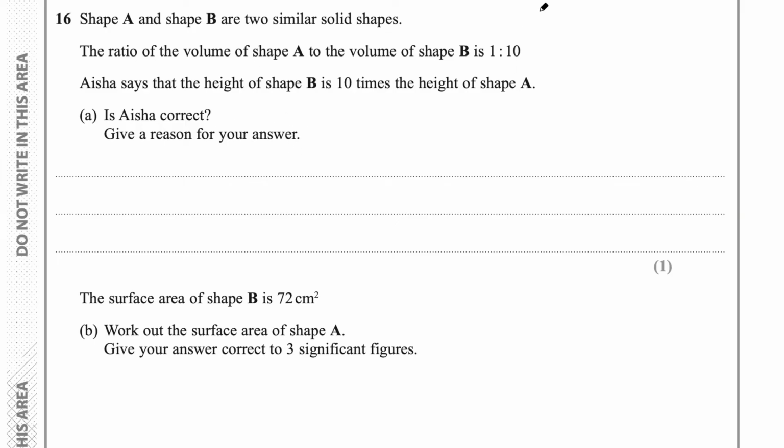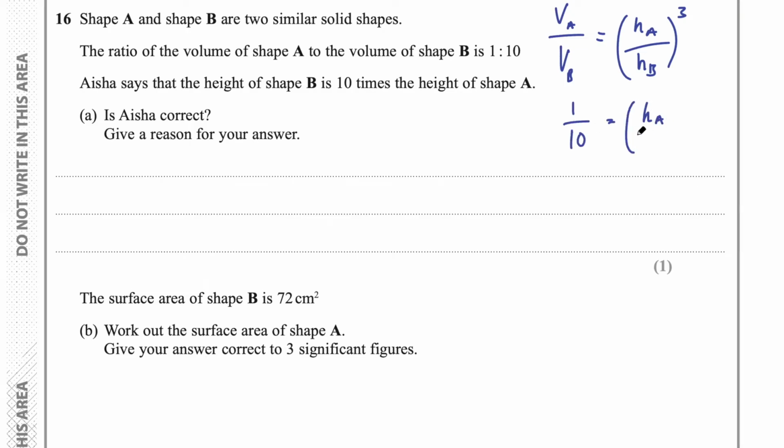Okay, so the ratio of the volumes can be written as the cube of the ratio of the heights. So if we had the heights of A and B, we could cube these to get the ratio of the volumes. If they give us this ratio, which they've said is 1 to 10, then this would be the ratio of the heights cubed.